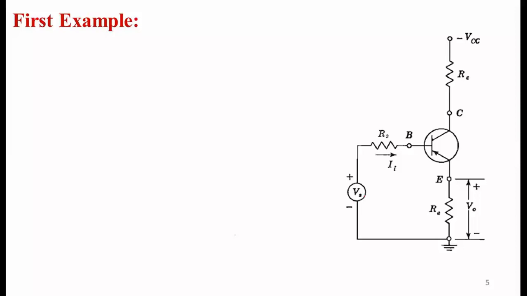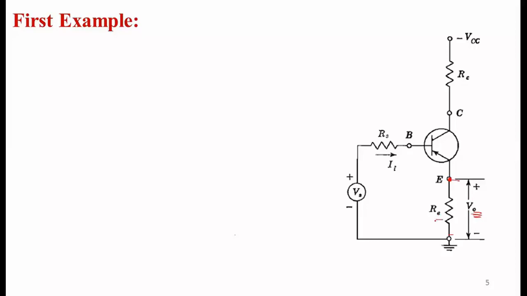As we can see in the circuit, the first step for identification was to identify the feedback component. Here this is the node from which we are taking the output. This is the emitter terminal from which we are taking the output, and this terminal is across the resistor RE.